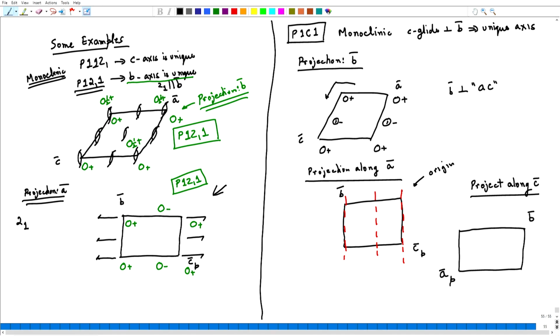The glide plane is parallel to AC, which means the C axis is coming out and the glide direction is also C. So, to indicate that, going back to what I had done earlier in this lecture, the glide will be shown as a dotted line.